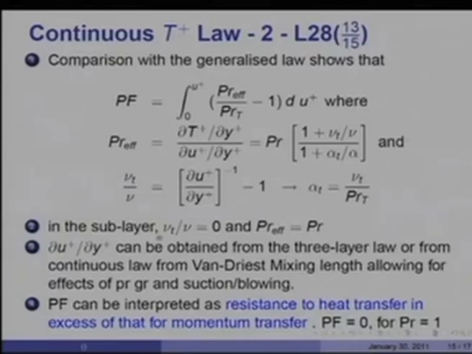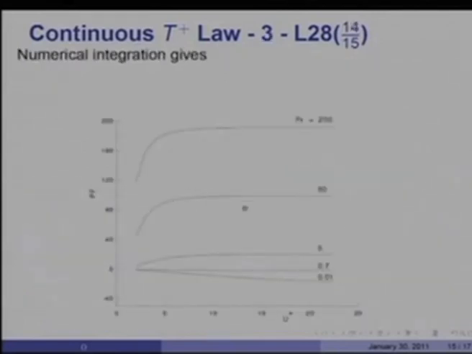What I have done is I have integrated using du+/dy+ from Van Driest's mixing length model and found the following. Here is the value of P_f and here are the values of u+.